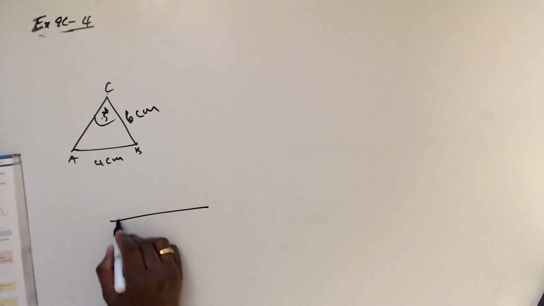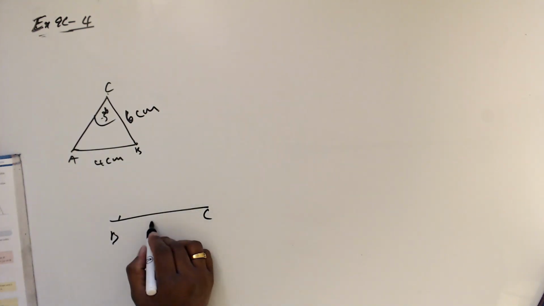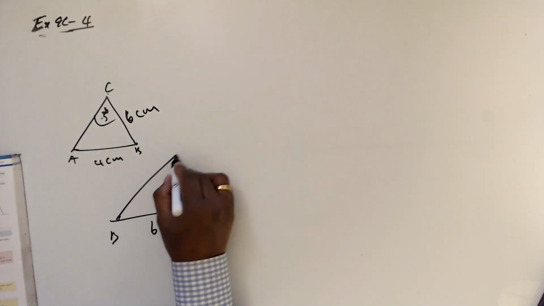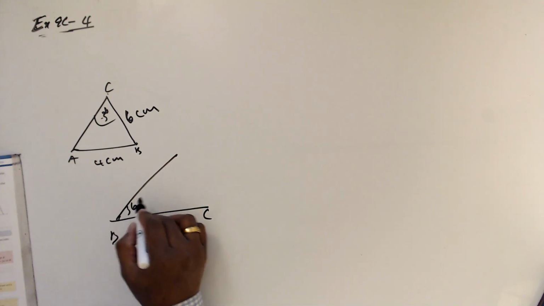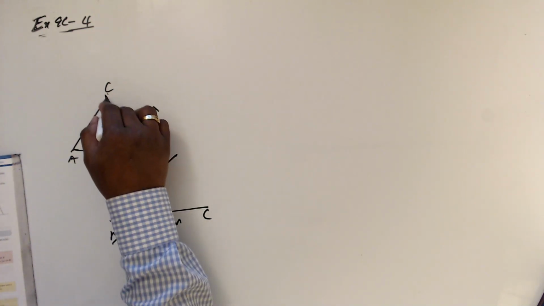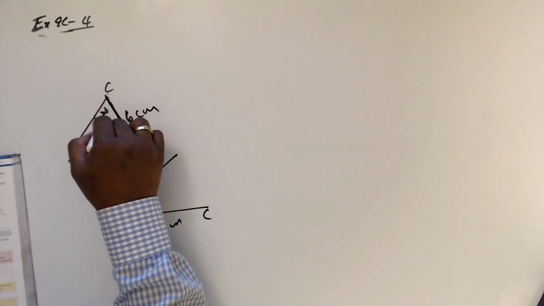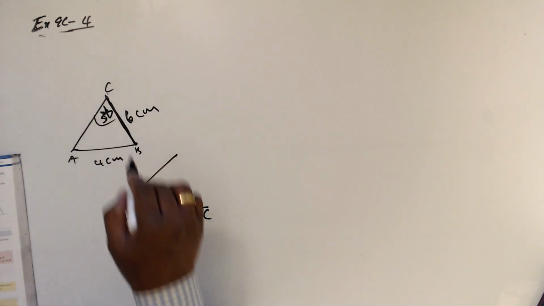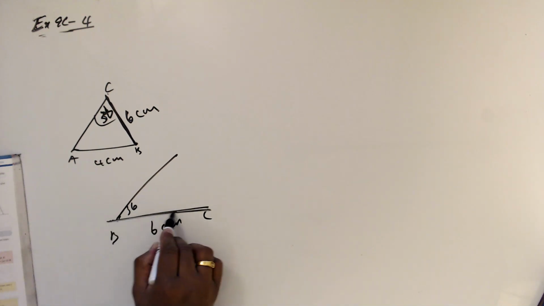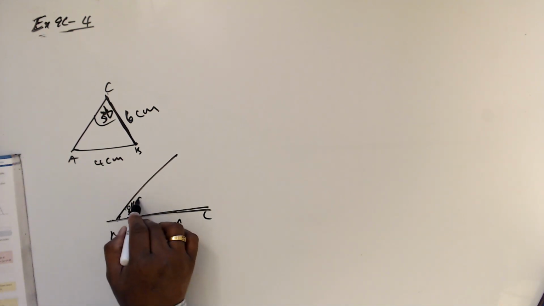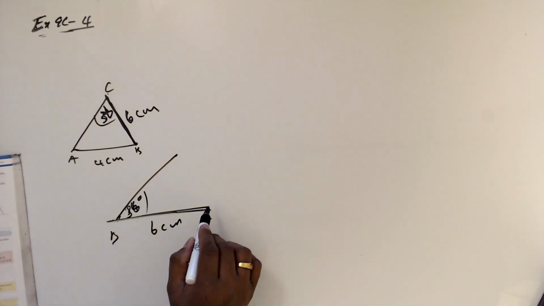If I draw BC like this, 6 centimeter, this is 36, because with this one it has more data, 36 here. So if I bring it into a horizontal like this, it is easy to get an idea.